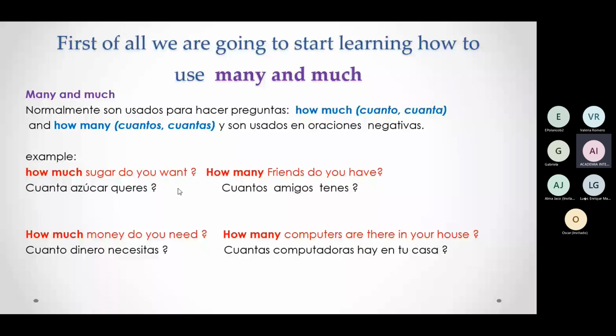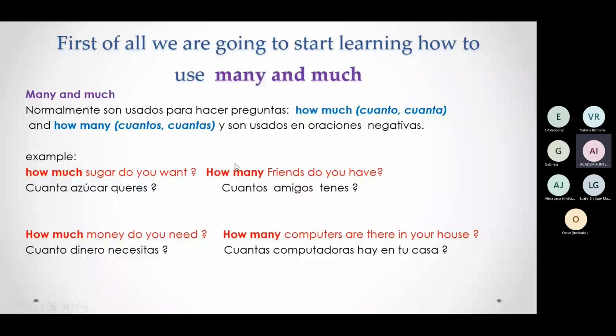And the last one, how many computers are there in your house? That is another question as well. And like here says, como aquí dice, we use how many and how much in order to make questions, okay? And at the same time, we can use those words in order to make negative sentences.